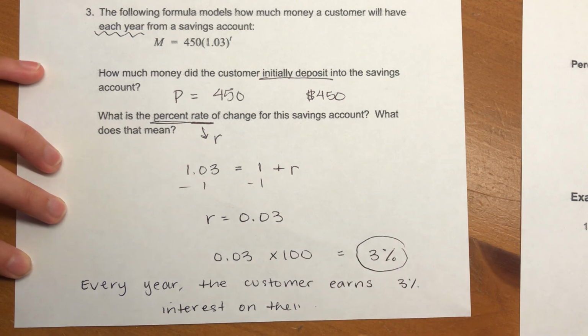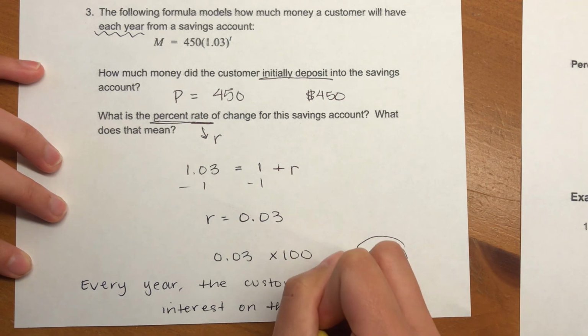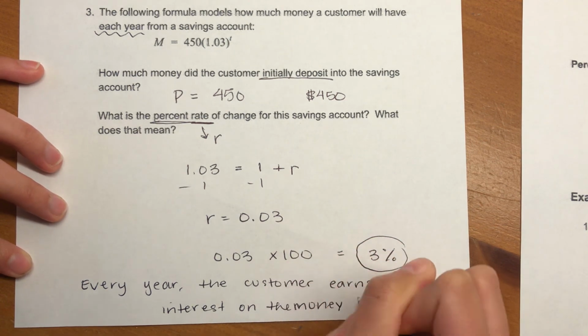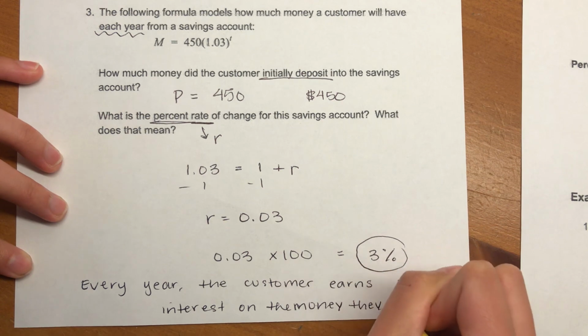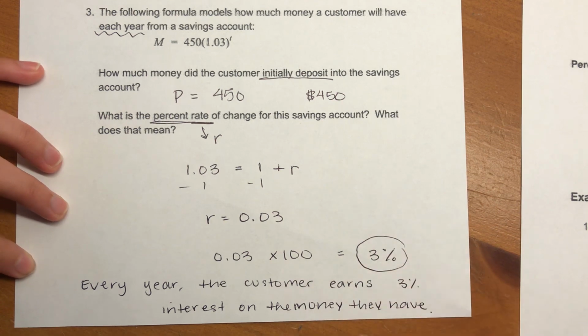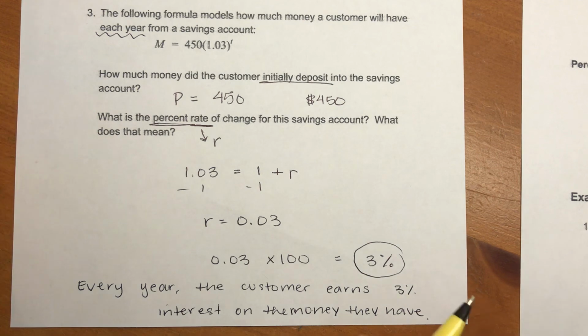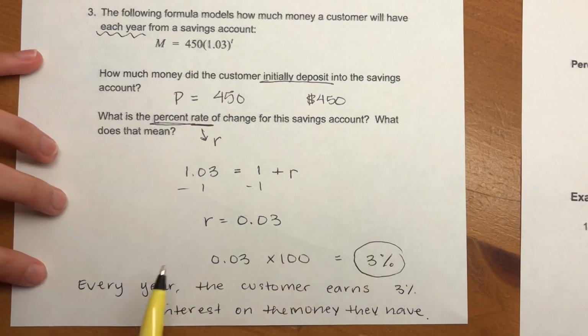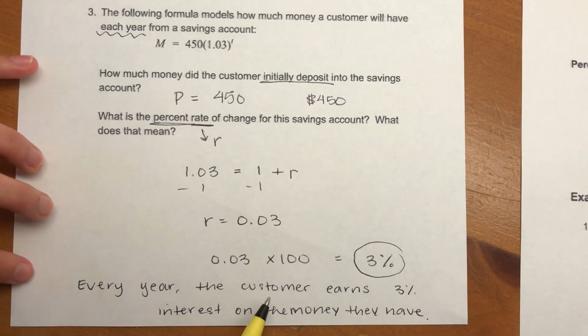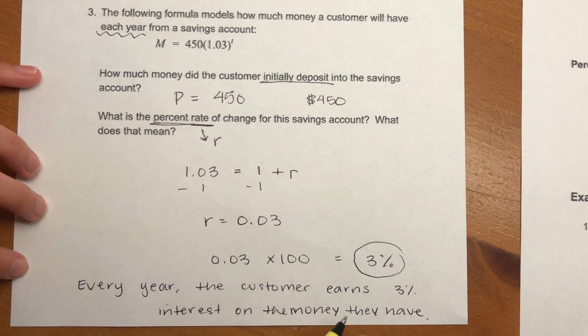So initially it's on their initial deposit, but really it's on the money in the bank. On the money they have in the bank. Okay? So that 3% means every year the customer is earning 3% interest on the money in the bank.